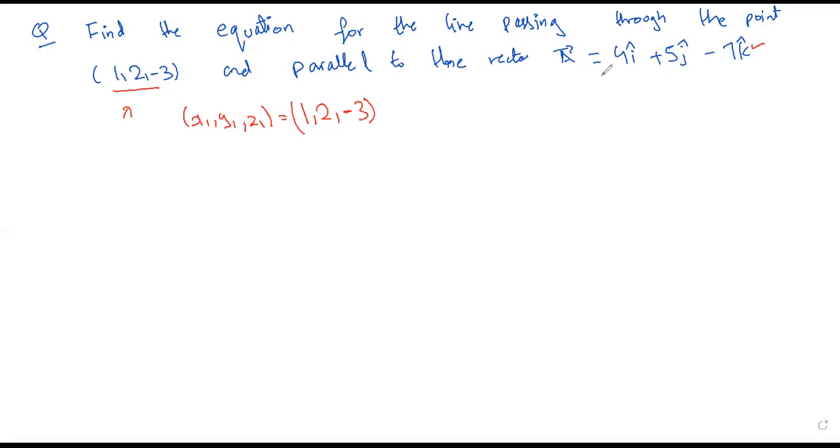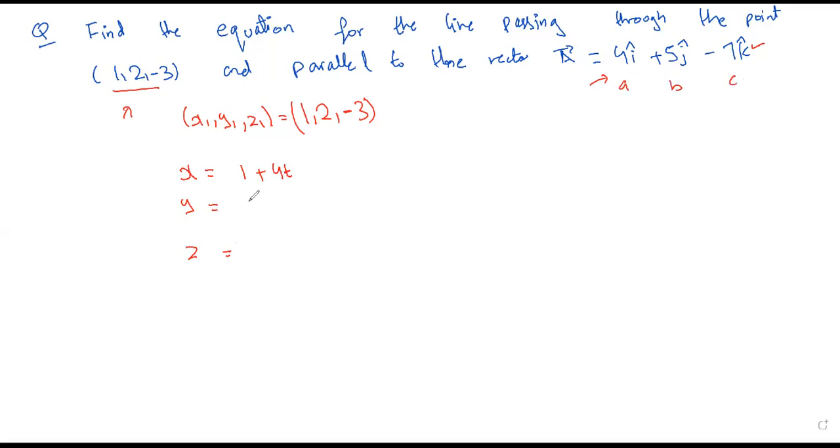And this is the vector that is parallel. So if I talk about the parametric equations, they are going to be x, y, and z. Then what do we have in parametric equations? We have x1 plus at. So it would be 4t, right? Because 4 is a, then b is 5, and then c is -7.